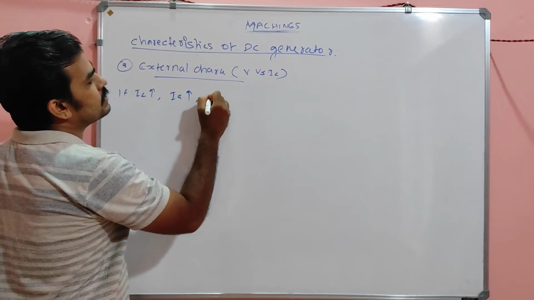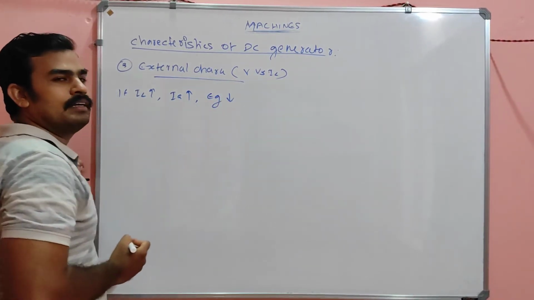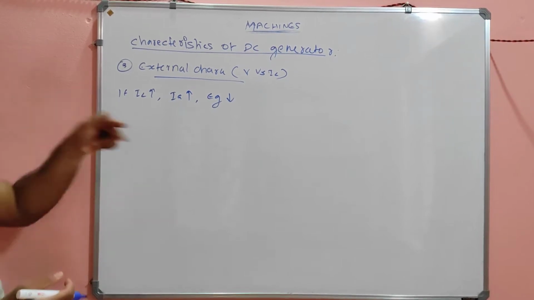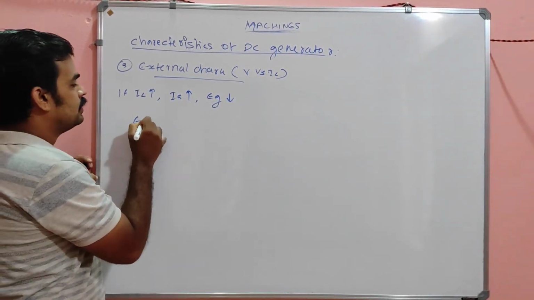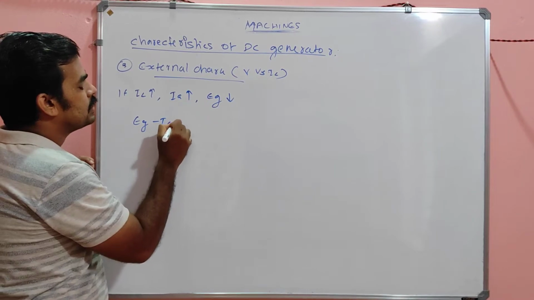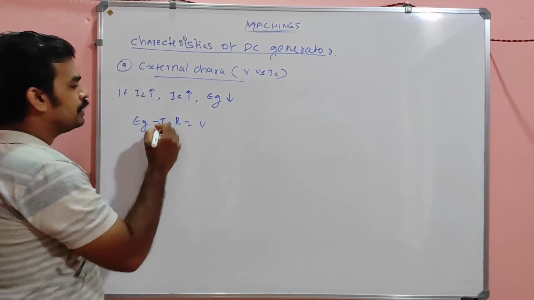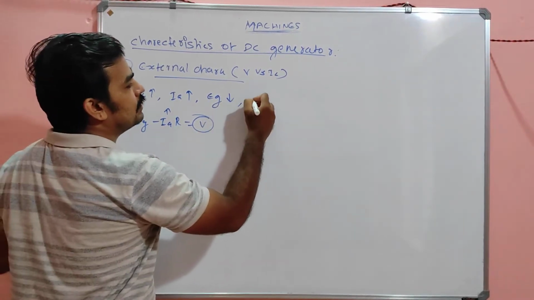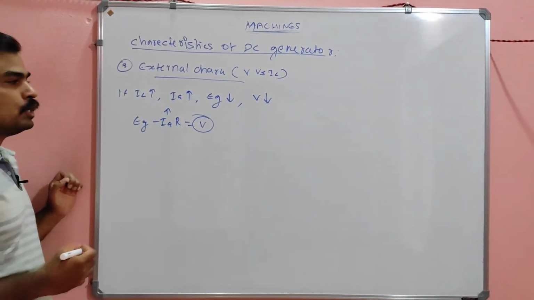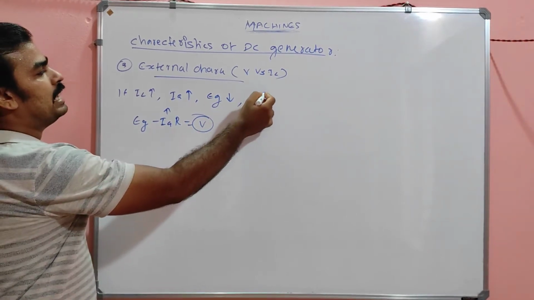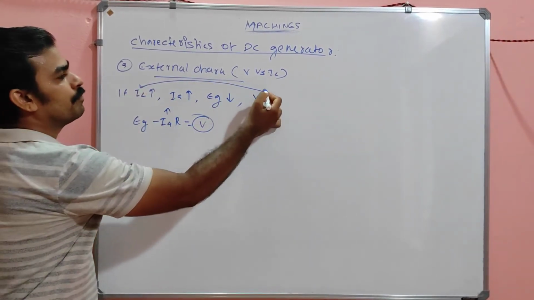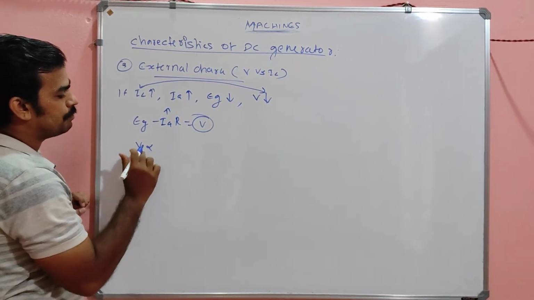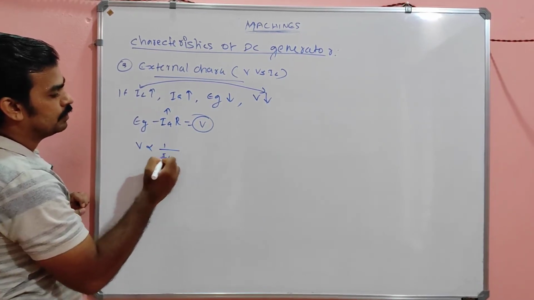If Ia increases, Eg will decrease. Or in another manner, Eg minus Ia into R equals V, so if Ia increases, the terminal voltage directly decreases. So V and IL are related such that V is inversely proportional to 1 by IL.